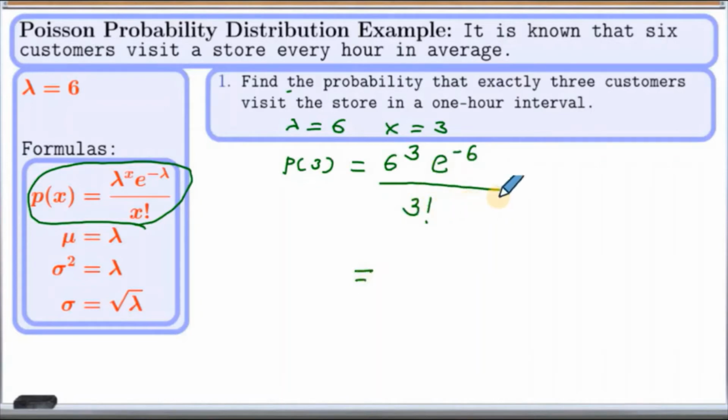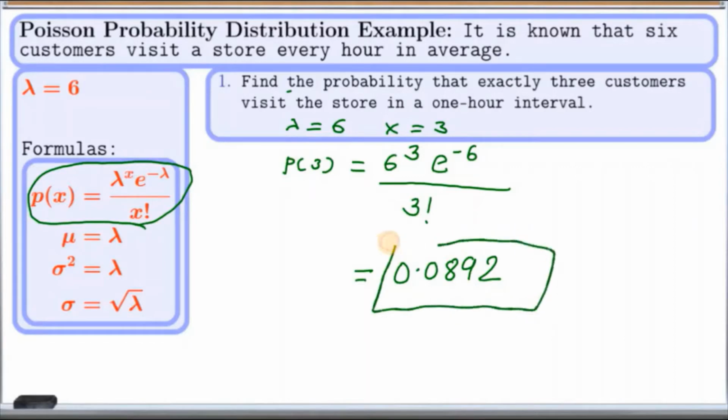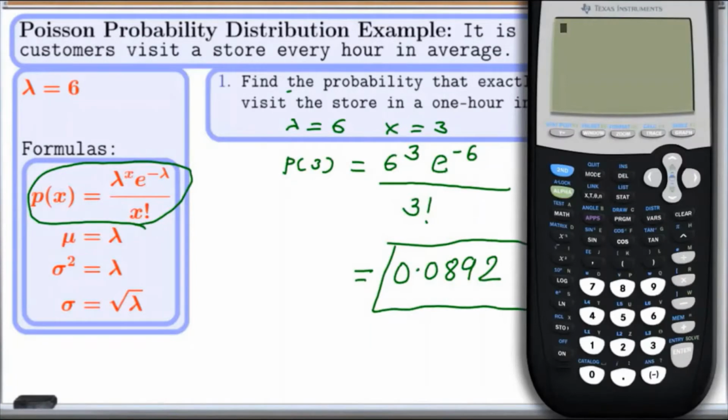Now from calculator, this whole thing comes out to be 0.0892. So basically the probability that exactly 3 customers visit the store in a 1-hour interval is 0.0892.